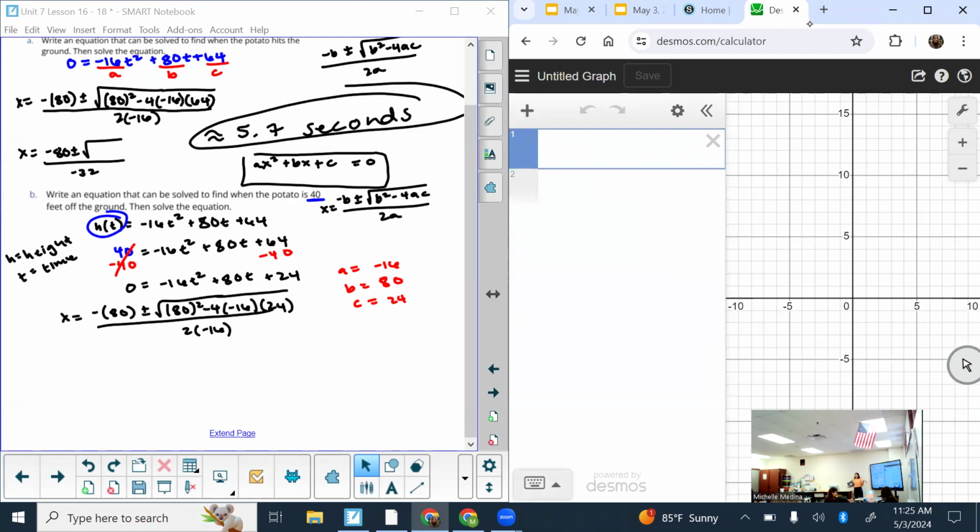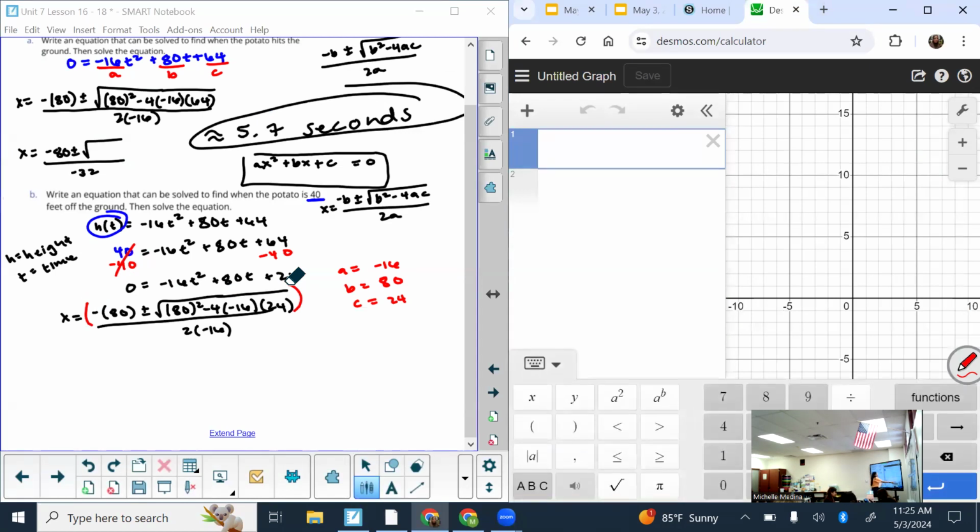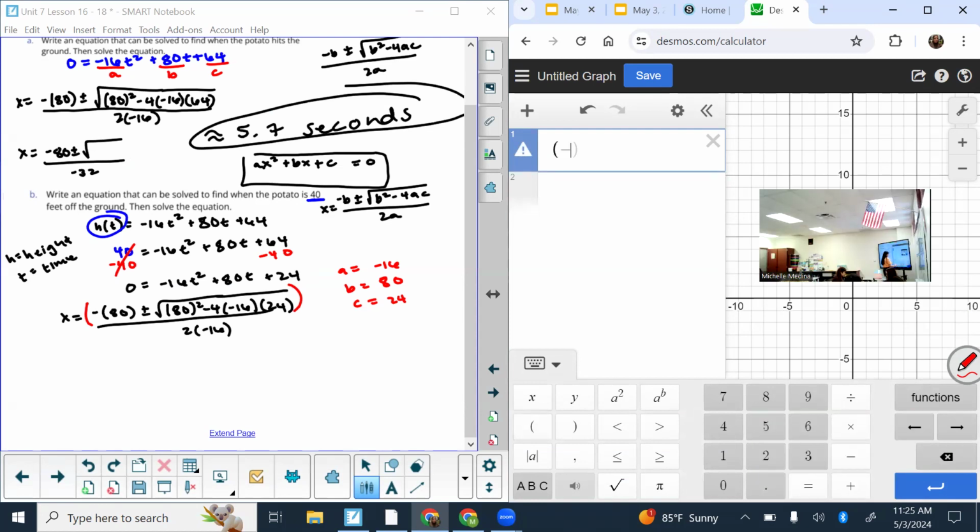And here's how I would do it. My numerator, in order for Desmos to read it right, I'd probably have to put that in parentheses, or when you go into Desmos, put the fraction bar right away like that. Otherwise, put it in parentheses. Make it look exactly how it looks on your paper. But the plus or minus may or may not go in there yet, so I'll start with the plus first.